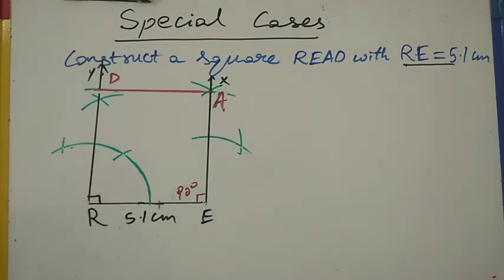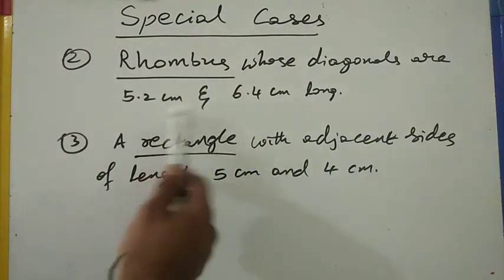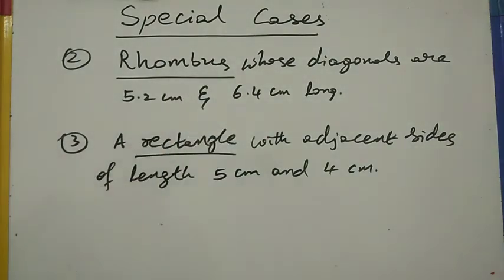What are the other special cases? Let me discuss them and wind up this class. Students, these are the other two more special cases. One is constructing a rhombus when two diagonals are given. This I discussed in our previous class. You know how to construct when two diagonals are given, and you know the properties of a rhombus also.